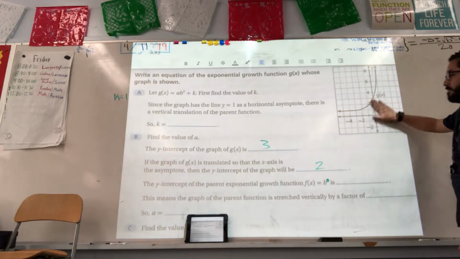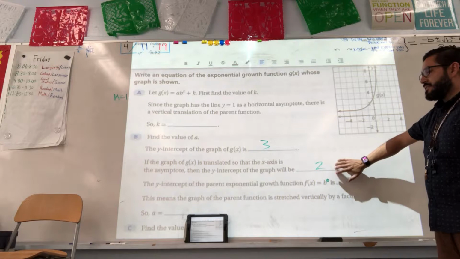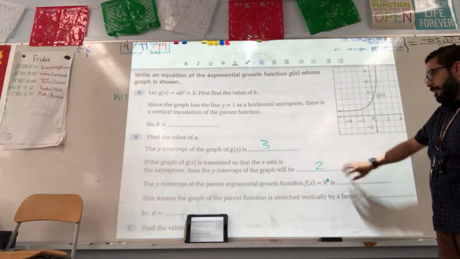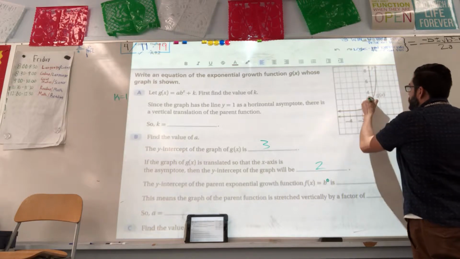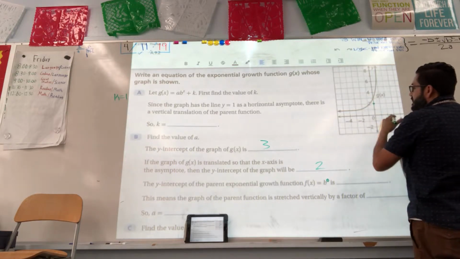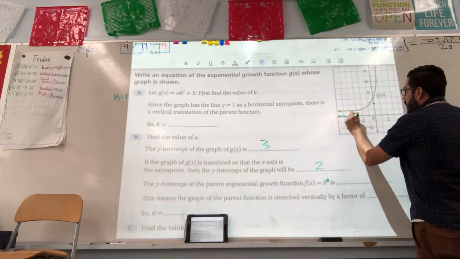Okay? So, the reason that we needed to know this is because if we are translating our function just in general, it's going to cross right here.